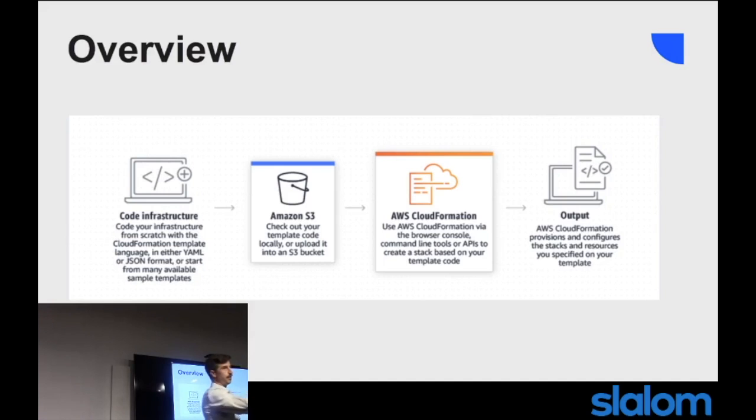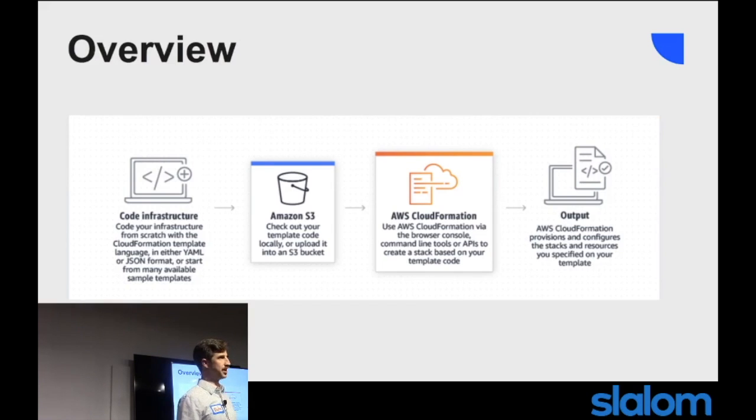Under the hood, from what I'm told, which could be wrong but I'm pretty sure is right, it's taking various Lambda functions and using those to deploy those different AWS services.